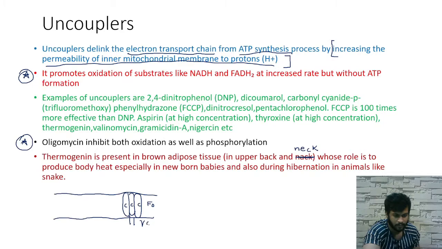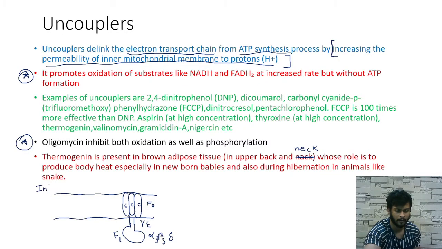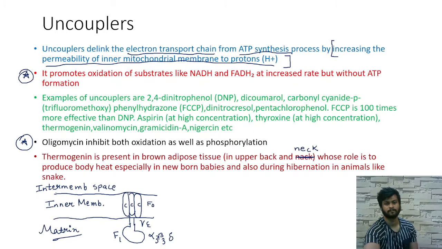This is the gamma epsilon complex, and this is the F1 subunit, which means alpha, beta, and delta subunits will be there. Here is the intermembrane space. This is the inner mitochondrial membrane, and this is the matrix.